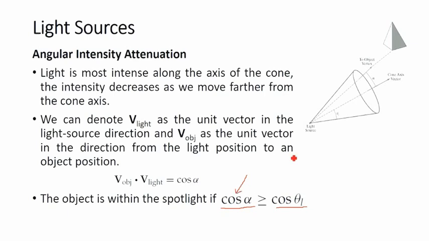And if this cos alpha goes less than this cutoff, then we can conclude that this object is somewhere outside this spotlight and we don't have to illuminate it. Or maybe we can keep the attenuation factor as 0, so incident light becomes 0.